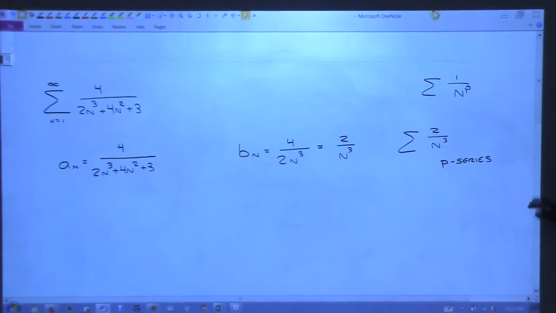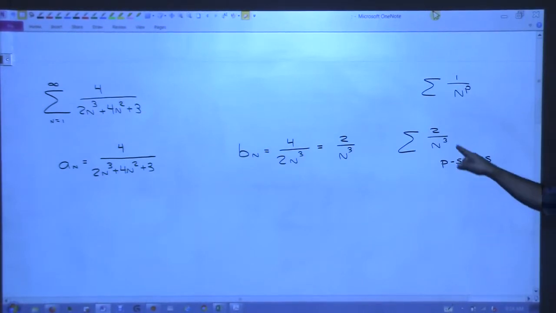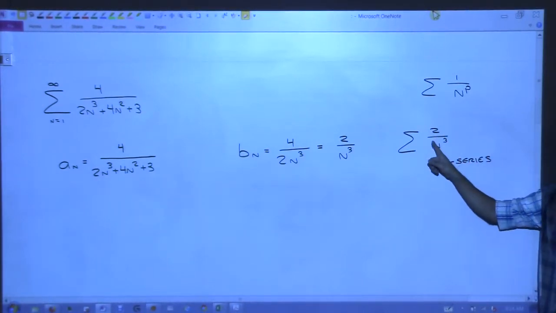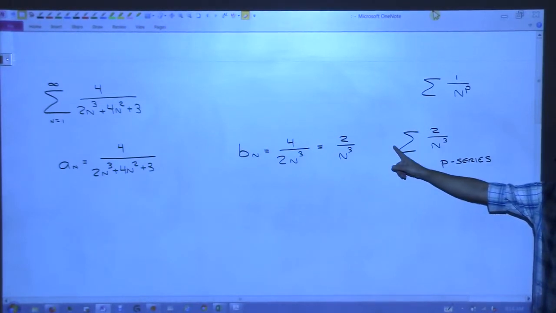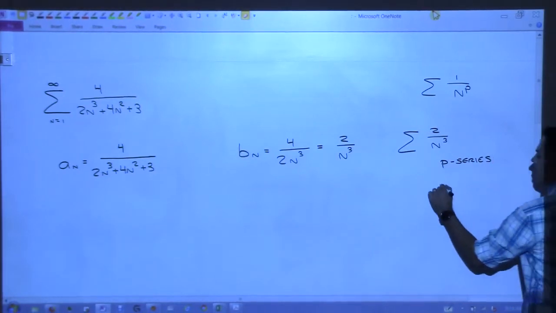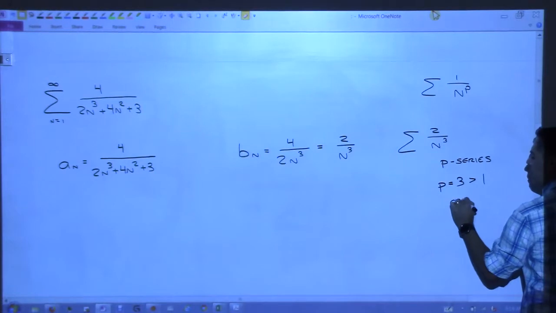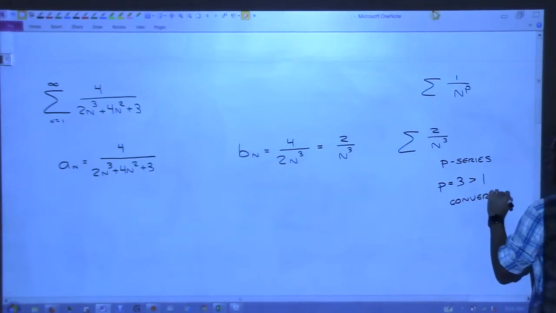This is actually on your sheet, right under geometric series. This converges if p is bigger than 1. Now, does the 2 have any play in this? No, the 2 could come out of the sum if we wanted to. So this is really like 2 times 1 over n cubed. This is a p series. p here is 3. That's bigger than 1, and therefore this converges.